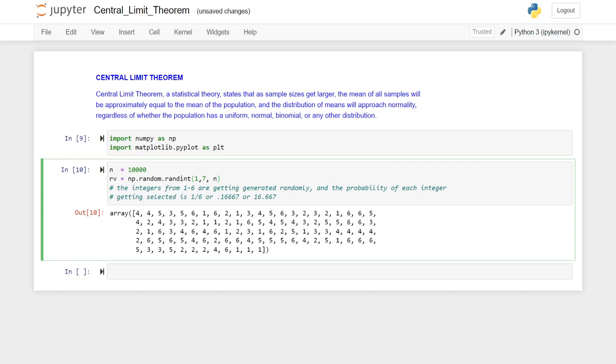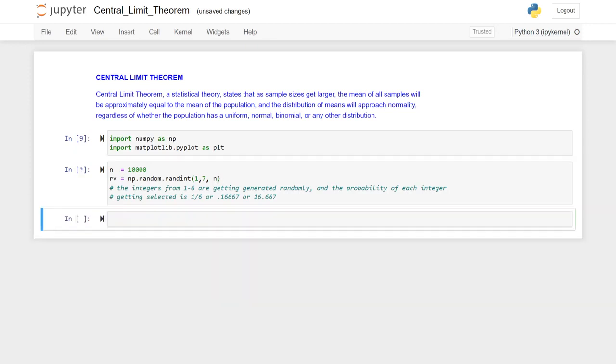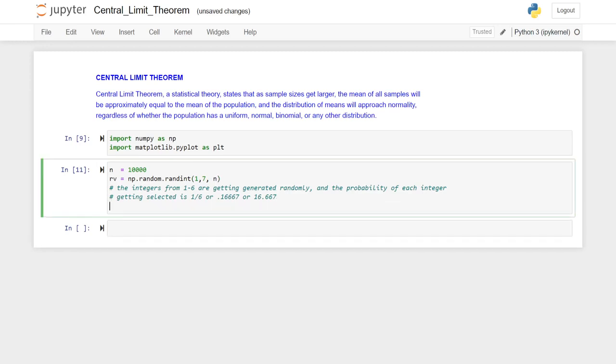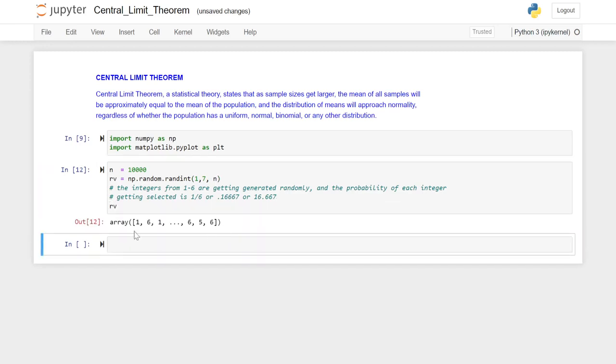So when we execute this cell, 10,000 integers will get created and they will be between 1 and 6. And just see that variable. Okay, good.